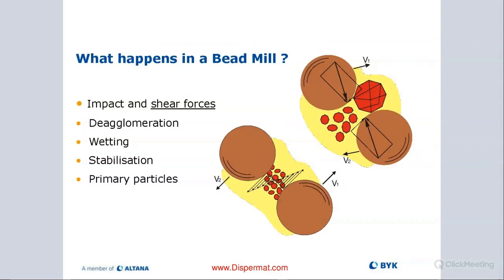So with that, we're going to take a quick look into the actual mill, what's happening inside. So obviously we have a rotor, a milling disc, and then we have beads. And as we are turning up the rotor speed or the milling disc speed, these beads start to drift around inside of that milling chamber or basket at very high speeds.